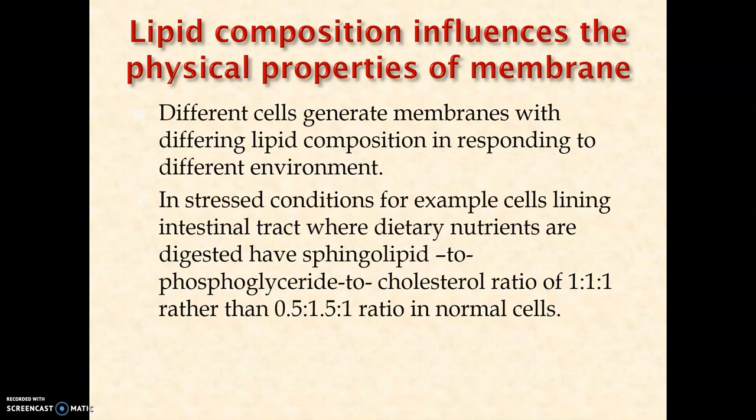For example, in a stressed condition, such as the lining of the intestinal tract where dietary nutrients are digested, the ratio of sphingolipid to phosphoglyceride to cholesterol will be 1:1:1, while in a normal case, when it is not stressed, the ratio will be 0.5 to 1.5:1. So that is an important point. That is all regarding the lipid composition.